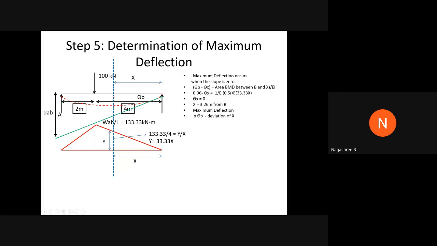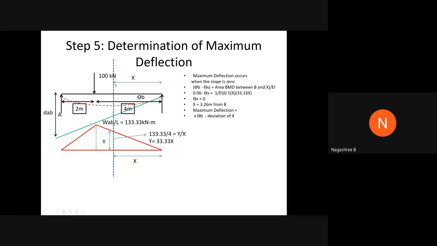This distance we are supposed to calculate in the diagram of the beam, not in the bending moment diagram. In the diagram of the beam, this is the arc of the deflected position, and theta b is the slope which we got initially. So this length will be equal to the span multiplied with the slope created.